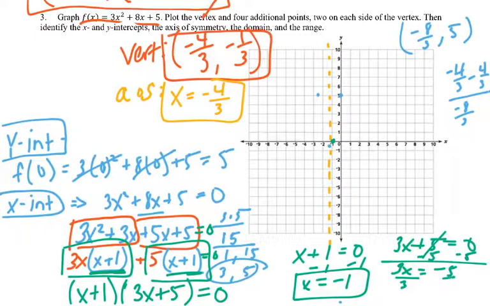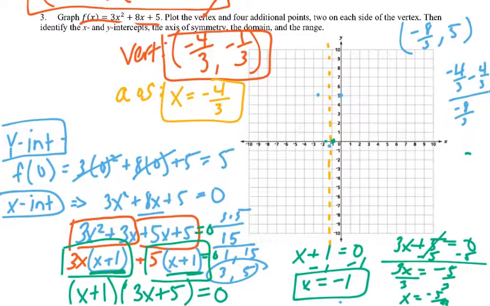Divide by 3 on both sides, and I get x equals -5/3, which is going to be very hard to graph because it's essentially right here. It won't let me. It's too sensitive. Right there. And that's the mirror image around that axis of symmetry. Again, it's super hard to see because it's so clustered together.